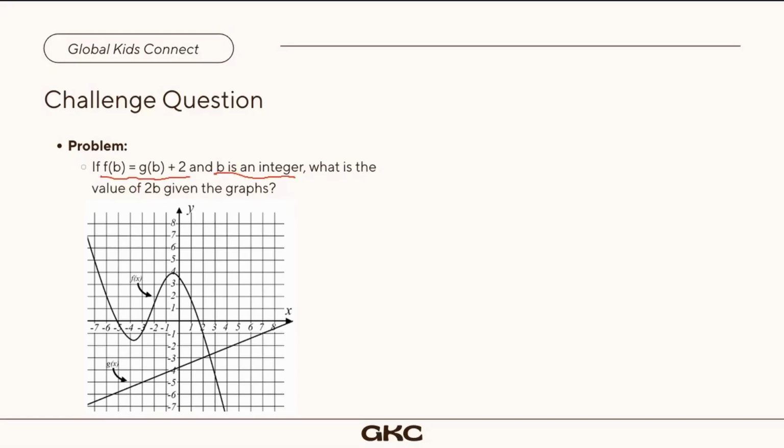And so if we first look at this right here, we can see that it says a point where the x value is equal to b. So a point where x is b, and we have a certain y value, let's say it's y of 1, then the y value of function f of x, this graph, is greater by 2 compared to the graph of g of x.